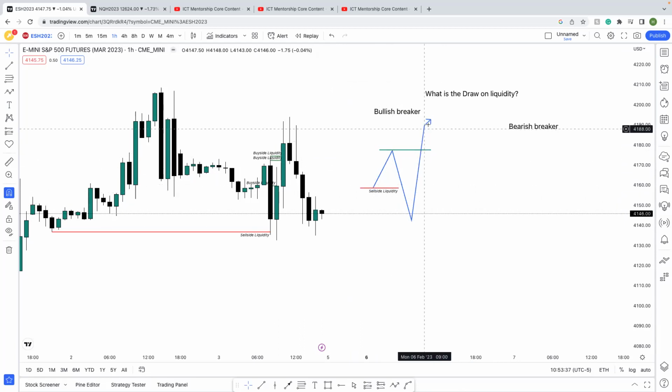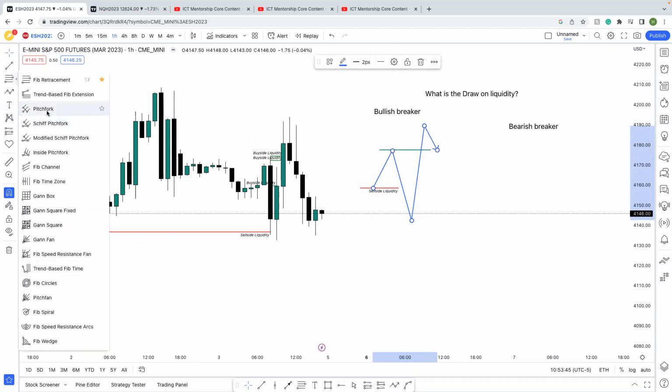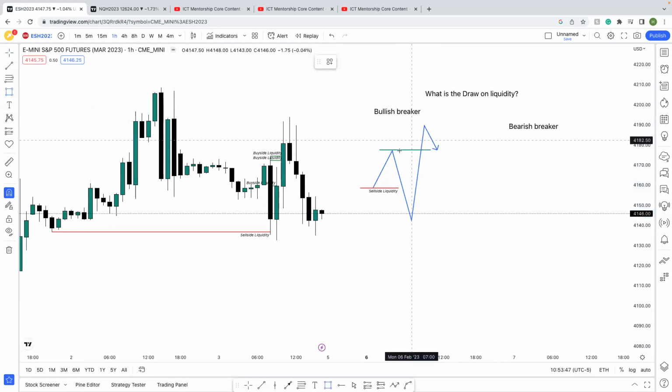When price trades back into the breaker, it's going to be the highest up close candle in forming this swing high right here. That will be your bullish breaker.